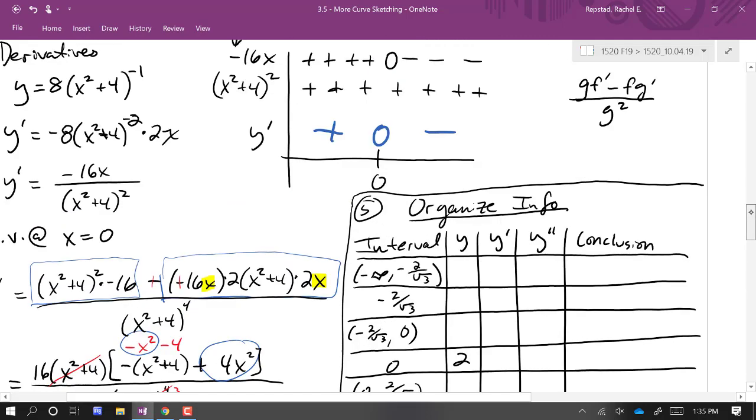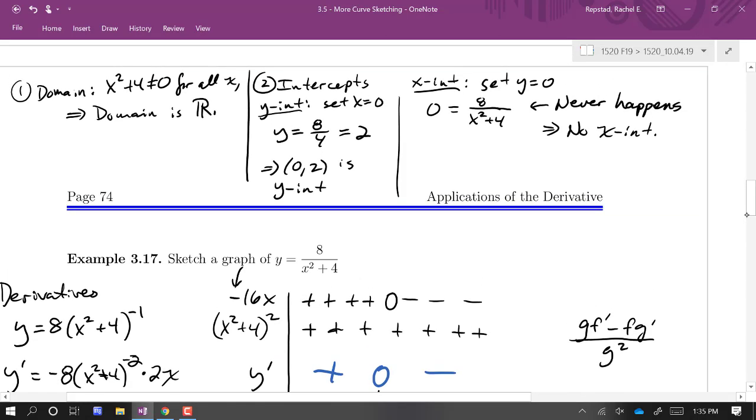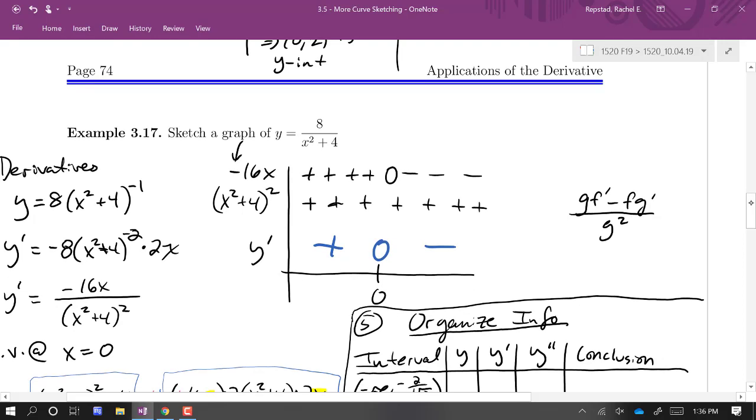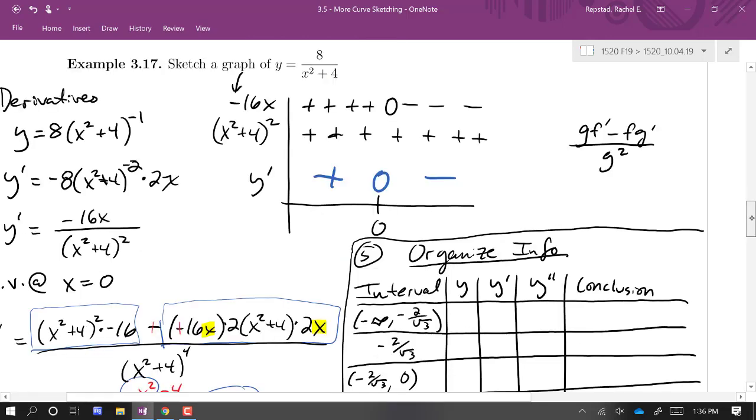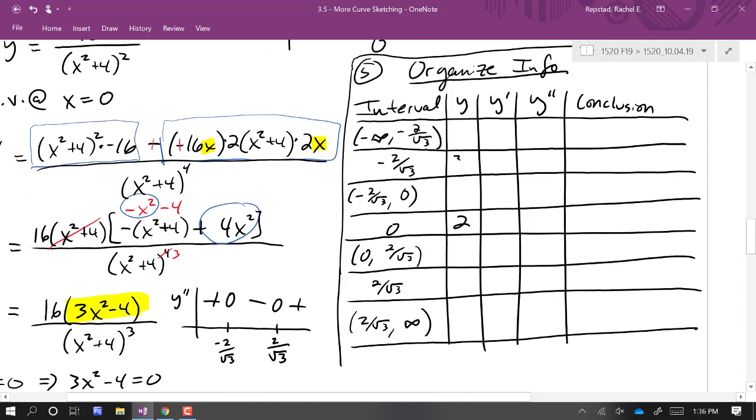So 8 divided by 2 over root 3 squared is 4/3, plus 4, and that's 3/2. If you look at the function, the only time x appears, it's being squared. So whatever it is at minus 2 over root 3, that's what it is at 2 over root 3. It takes on the same values, positive or negative. So that's 3/2 for both of those.